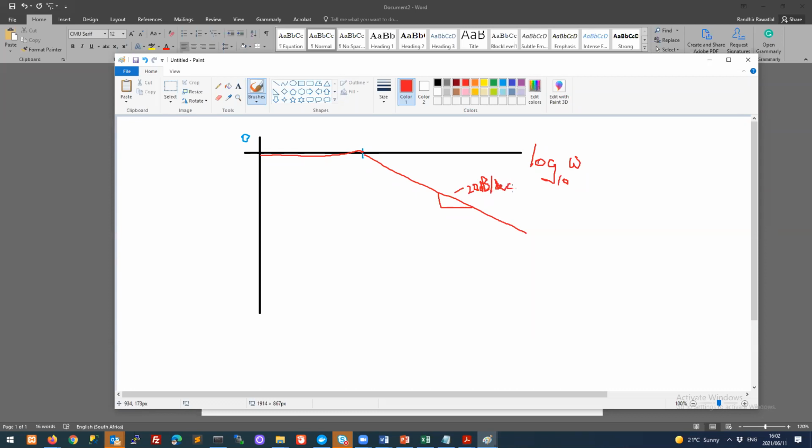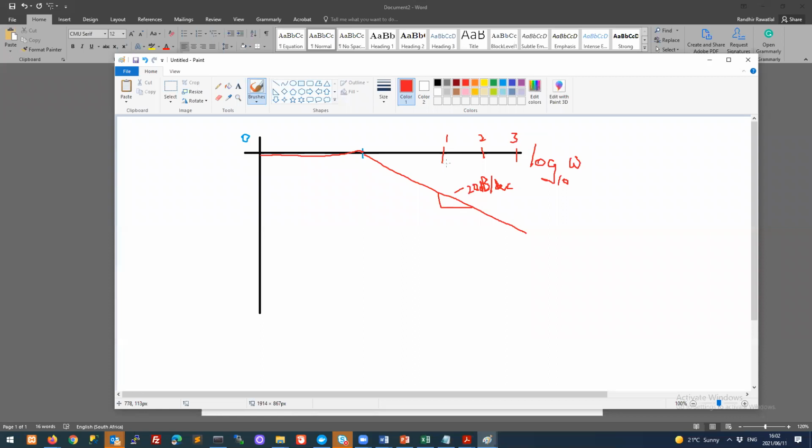And we say it that way because when we're looking at a log 10 omega plot, when you see 1, 2, 3, this actually means 10 to the power 1, 10 to the power 2, which is 100, 10 to the power 3, which is 1000.